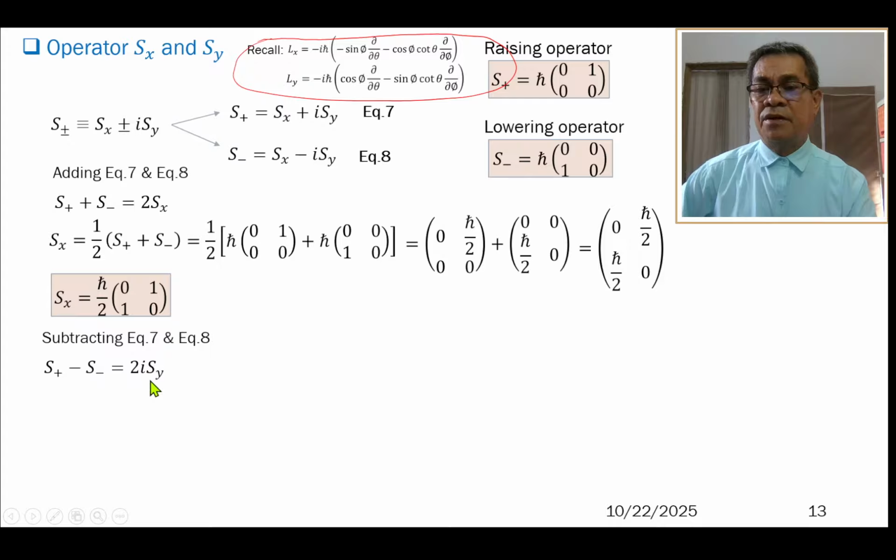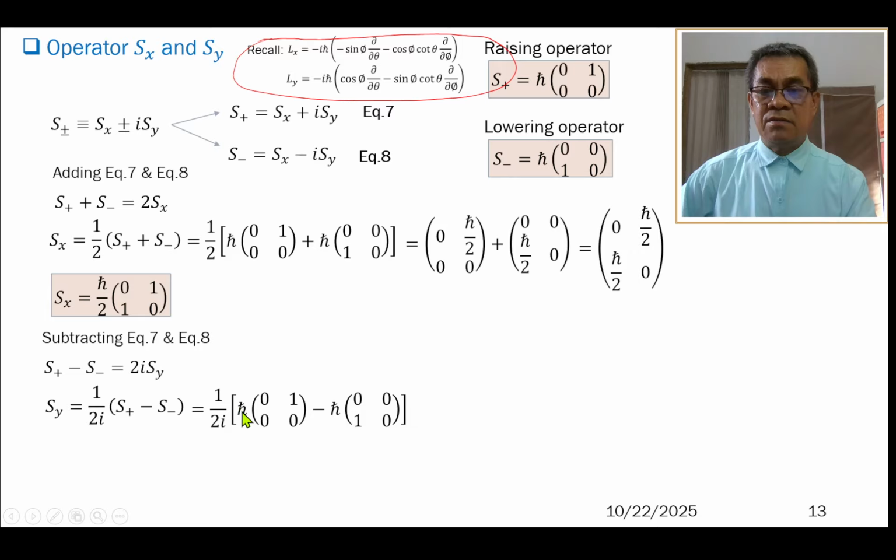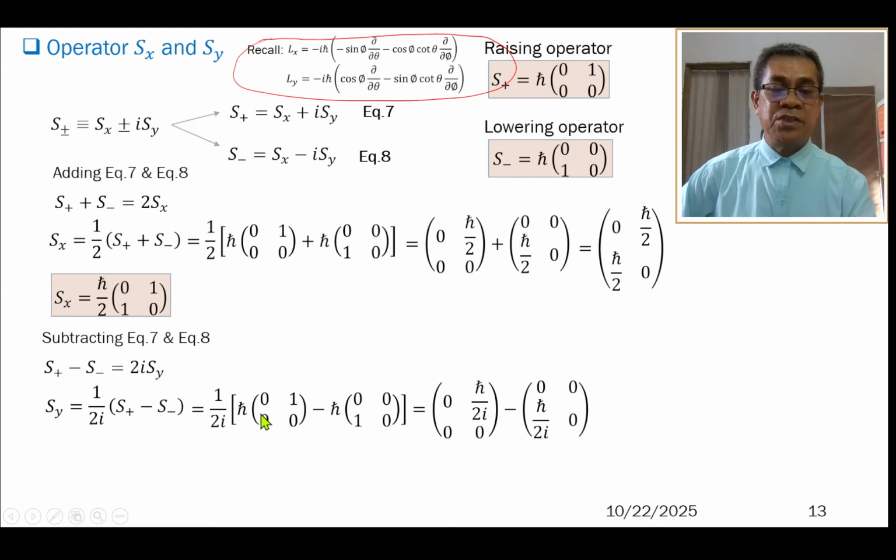So therefore, we can solve for S_y, because take note, we have raising and lowering operators. Then do the same process. Take note, we have the presence of i, 2i. So multiply this one, multiply also, then subtract the two. When you subtract, it should be 0 minus 0, ħ over 2i minus 0, 0 minus this one, so meaning negative, 0 minus 0, 0. So therefore, that's the answer.